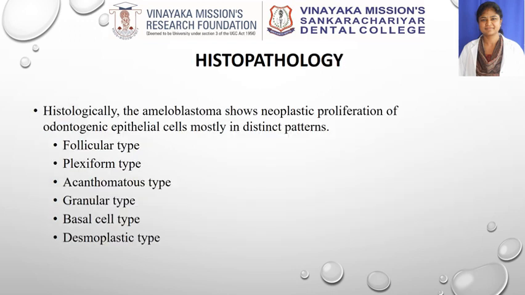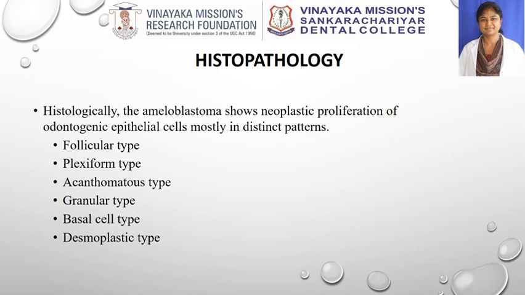Going to the histopathology, histologically, the ameloblastoma shows neoplastic proliferation of the odontogenic epithelial cells, mostly in distinct patterns. 6 histopathological subtypes of ameloblastomas are recognized. They are follicular type, plexiform type, acanthomatous type, granular type, basal cell type, and desmoplastic type of ameloblastomas.